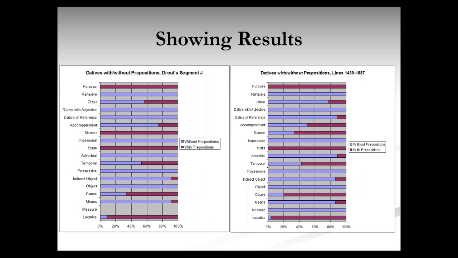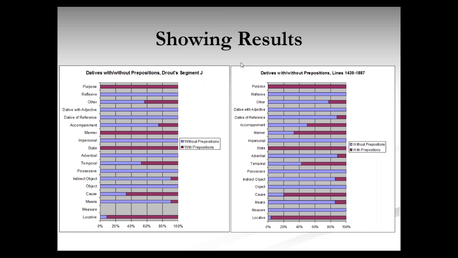So just to show another kind of possibility of visual representation, I did a couple of diagrams showing the datives with and without prepositions. This is the same 2 segments we were looking at in the last slide. So draw out segment J and the previous lines from line 1437 or whatever I had there.